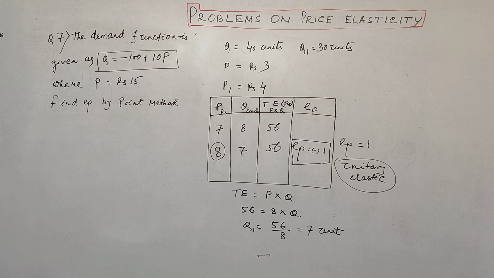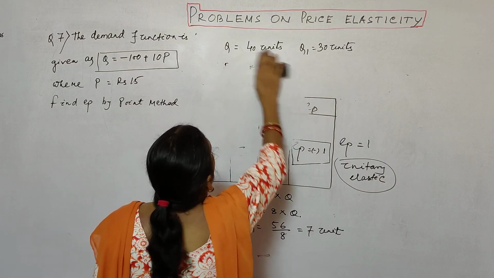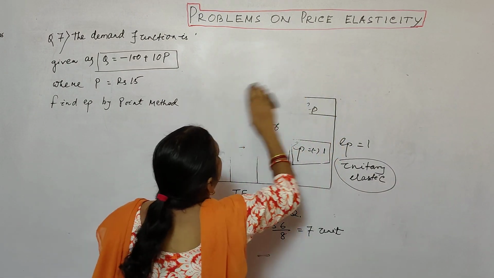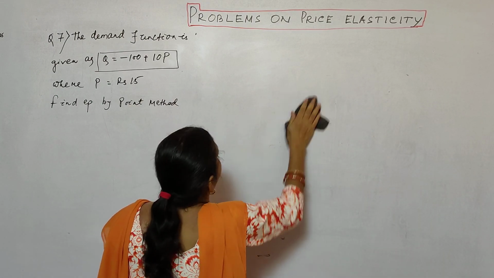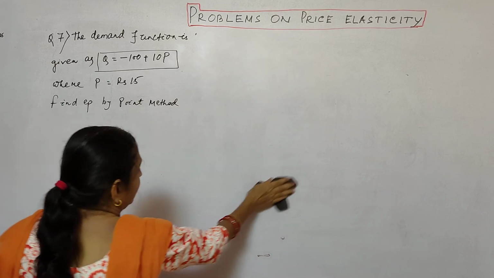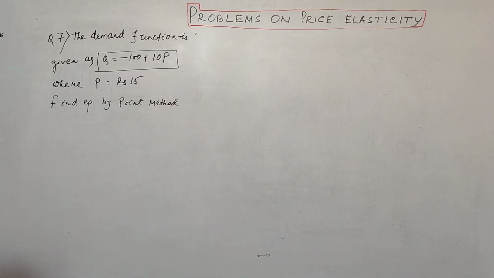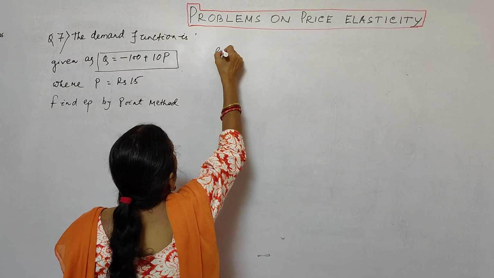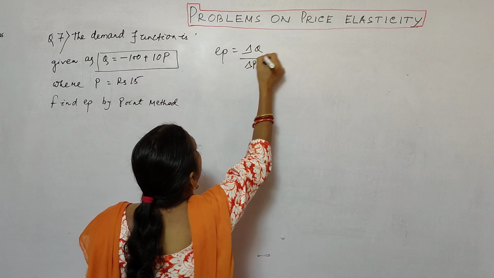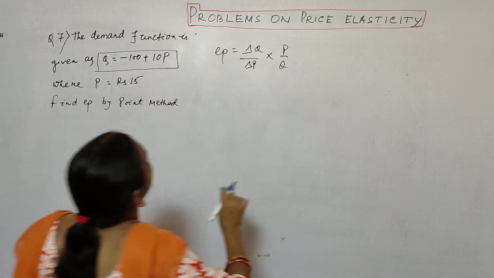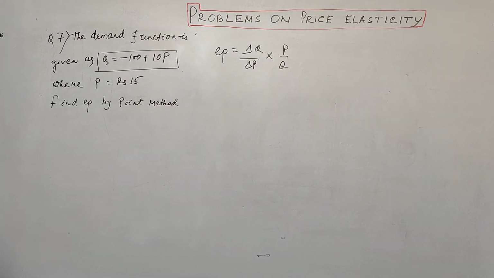So friends, at first we will write down the formula for EP. EP equals delta Q by delta P into P by Q. This is our formula for EP. But you see here, the question is a little bit tricky.